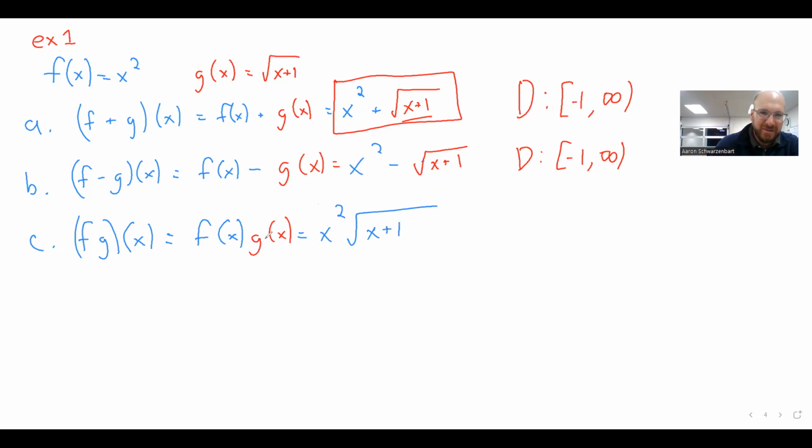Make sure that anytime you have multiples, and we'll deal with some of these later, you plug it in with parentheses. This one, the square root takes care of my parentheses.